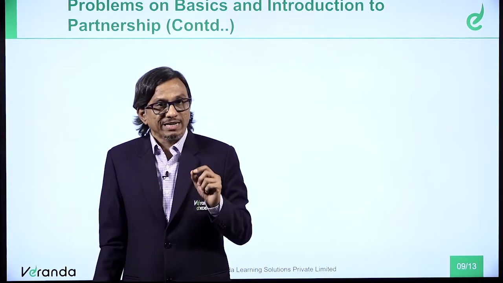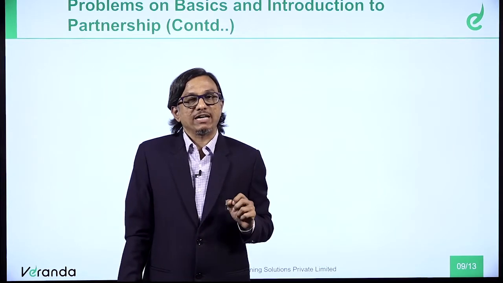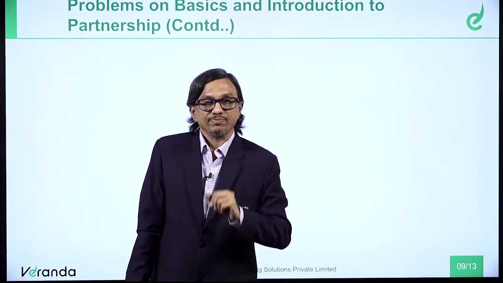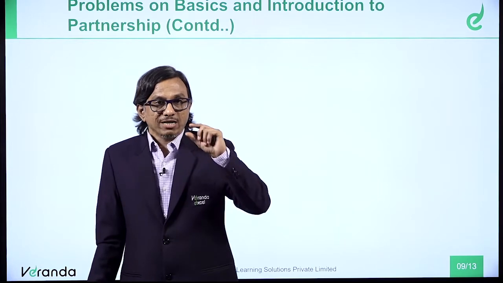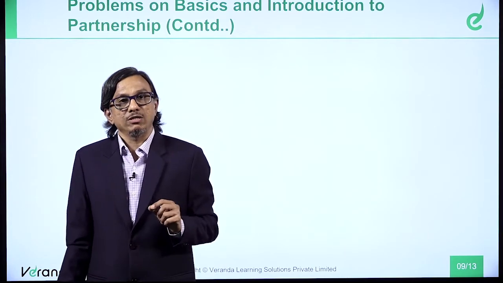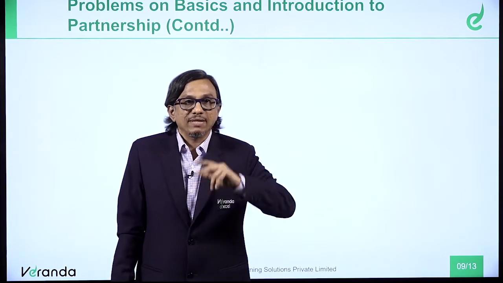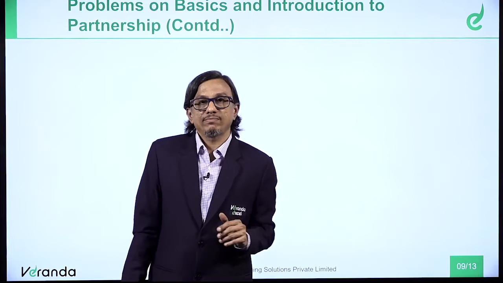First, we have to find out what is the actual profit share due to that particular partner who has been given a guarantee. Suppose the actual share of profit which is due to that partner is more than the guaranteed amount, then we don't make any adjustment at all.